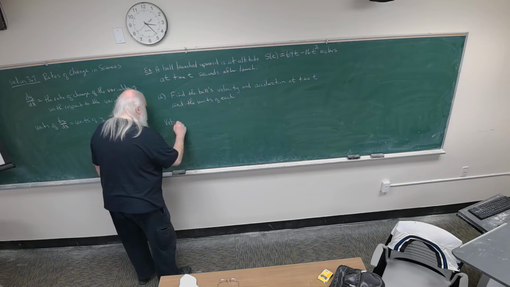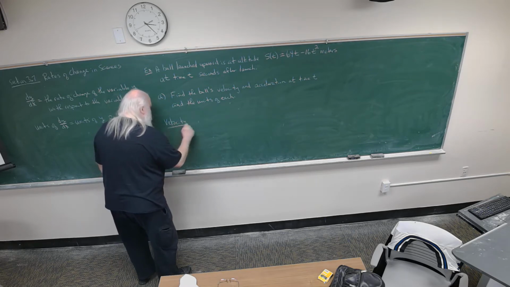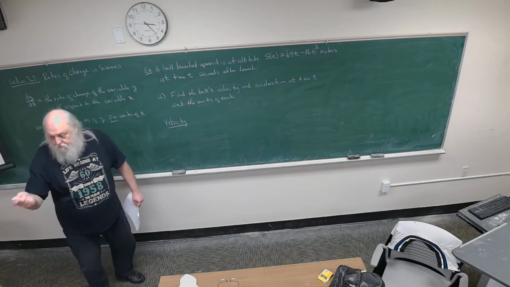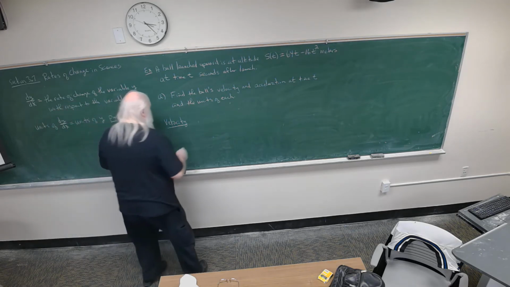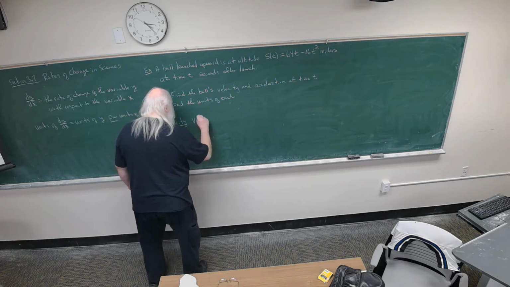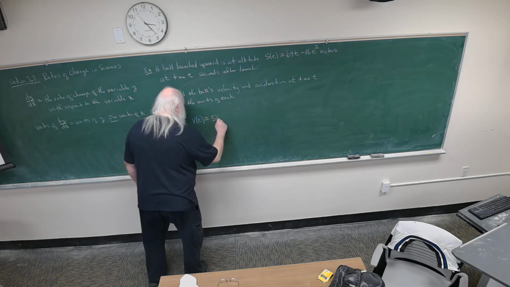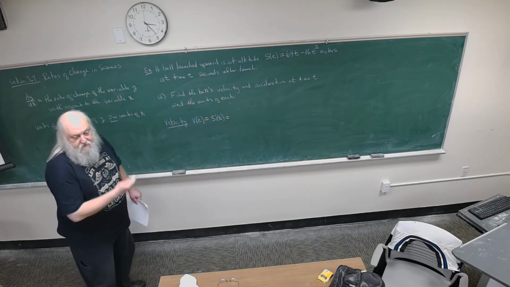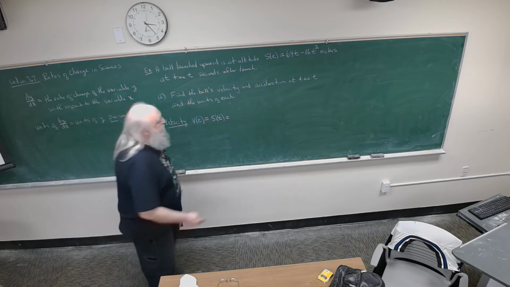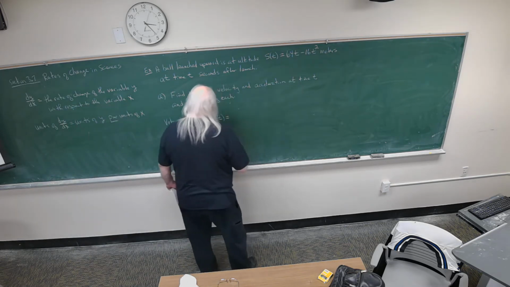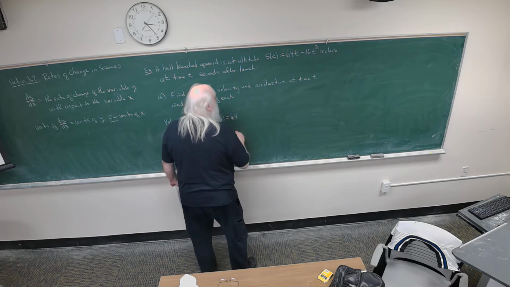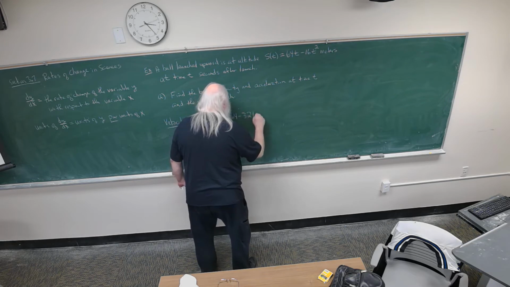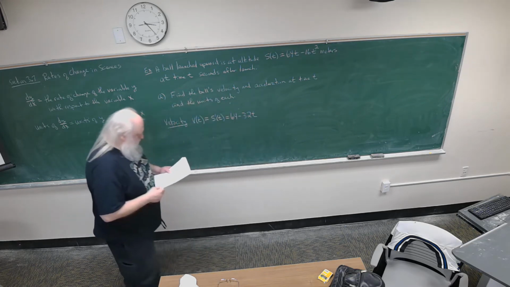So let's first find its velocity. How do we find the velocity of the ball at time t? First derivative. So v of t is equal to s prime of t. s of t is just quadratic, so you differentiate term by term. Derivative of 64t is 64. Derivative of minus 16t squared is minus 32t.